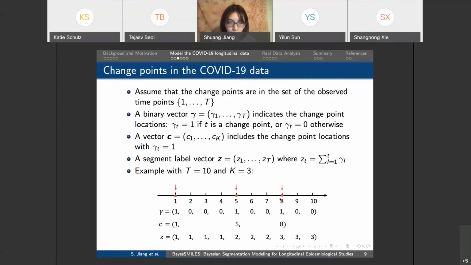So by definition, we can directly write down the formula of gamma and C in our model. And accordingly, we use the definition for Z to write down the corresponding Z vector. And by defining the segment label in this way, you can see the first 4 elements are in the first segment, and the 5th to the 7th elements are in the second segment, and the last 3 are in the last segment.